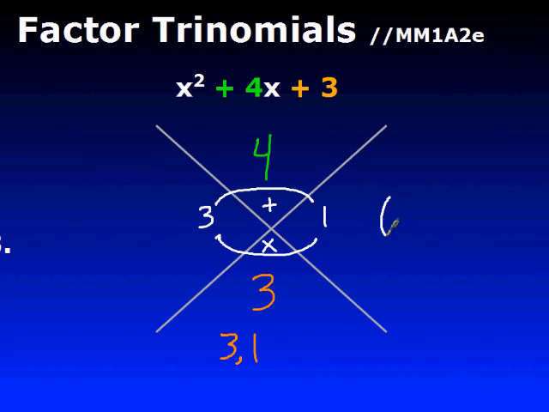X, this is a positive 3, plus 3 is one factor. And x, this is a positive 1, plus 1, the second factor. X plus 3 times x plus 1.